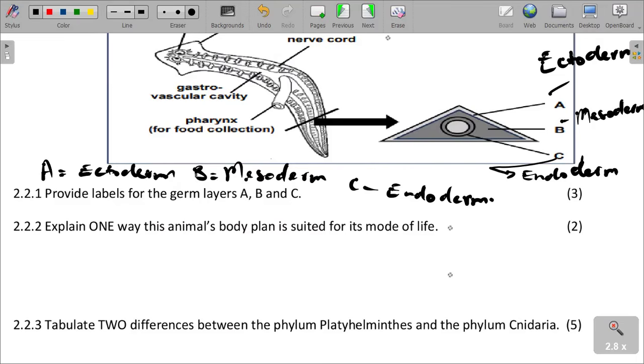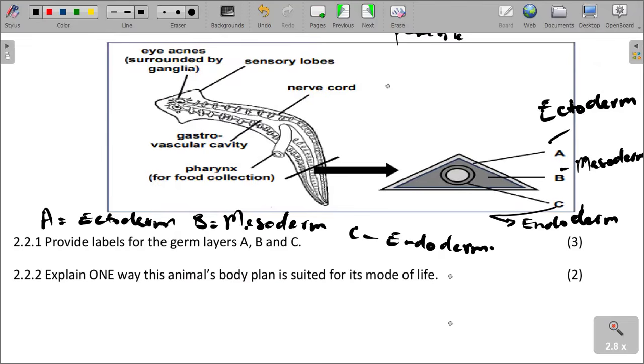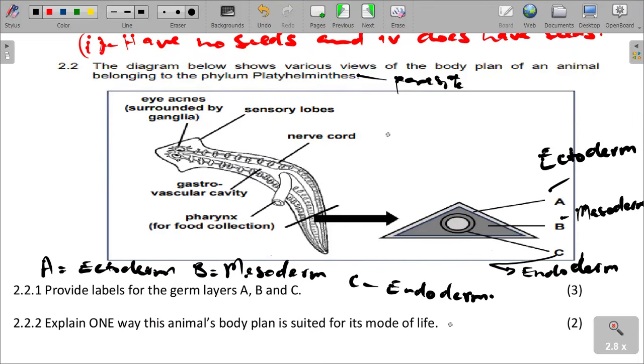These animals are dorsiventrally differentiated, since most of them are free-living worms that live at the bottom of muddy waters, and so their eyes are on their upper surface, as you can see there. That is one good thing that you need to know.